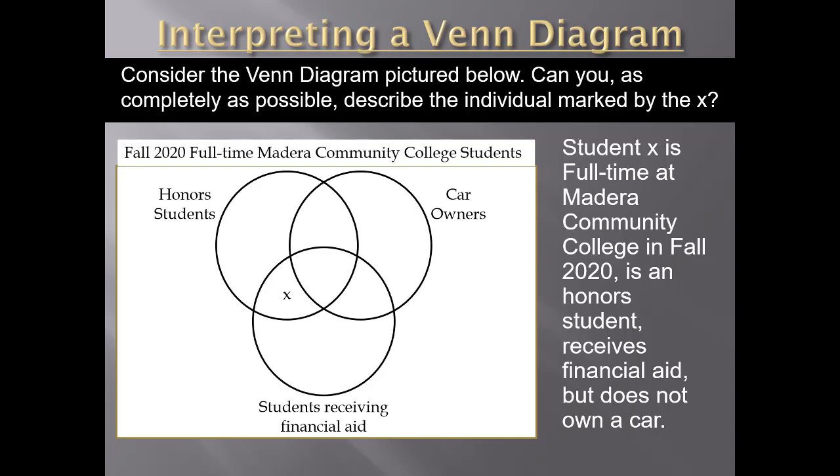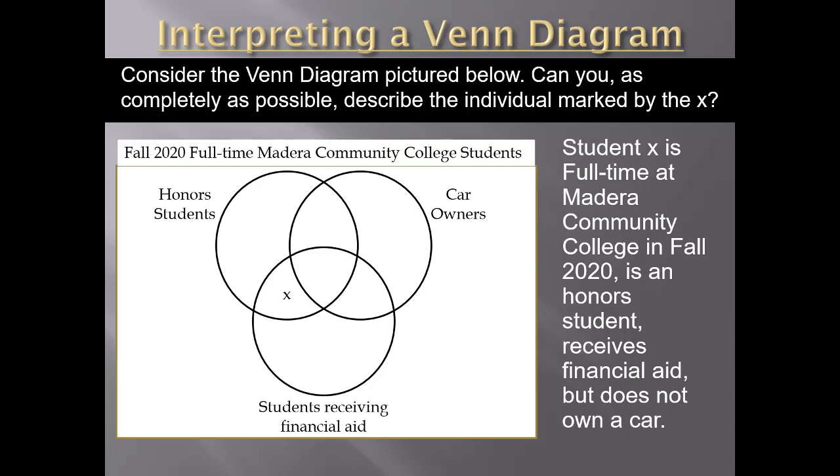You can see the circle of car owners, and that X is outside of that. So that means that this student is not a car owner. But they are an honor student because they're inside the honor student circle. They are a student who receives financial aid, and they are a full-time Madera Community College student in fall 2020 because they're in the population.